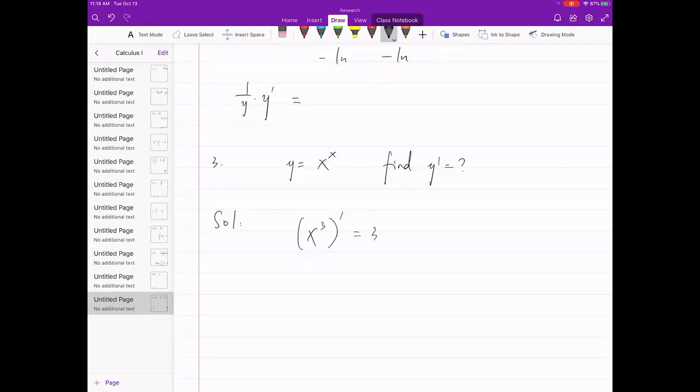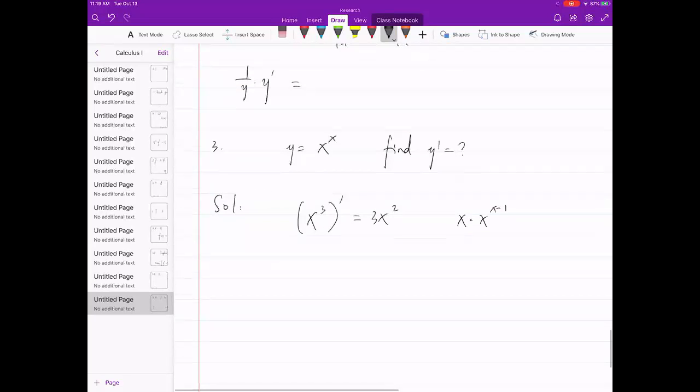I can have 3x to the square. According to that, what I have here should be x times x to the x minus 1. Something similar to that. Second, if there is a constant here, but there is an x here, I should do the exponential rule. So what I end up with should be x times ln x.